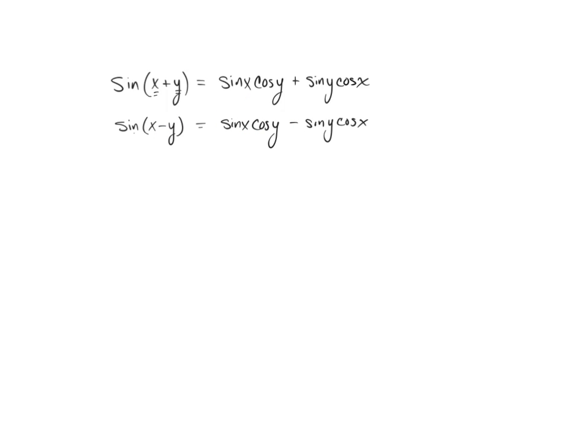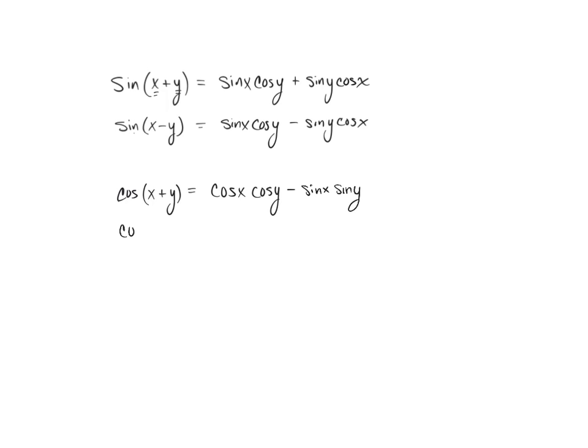Now, if we're talking cosine of a sum, x plus y, well, this one is cosine of the first, cosine of the second. And when it's a sum here, it's actually going to be a minus here. So we're going to go minus sine of the first, sine of the second.